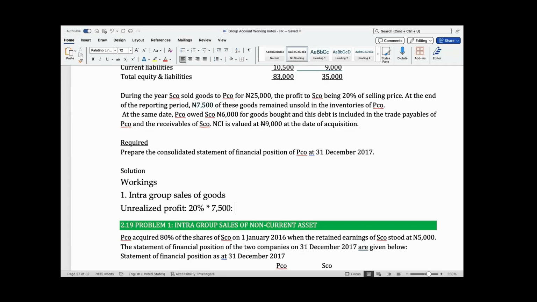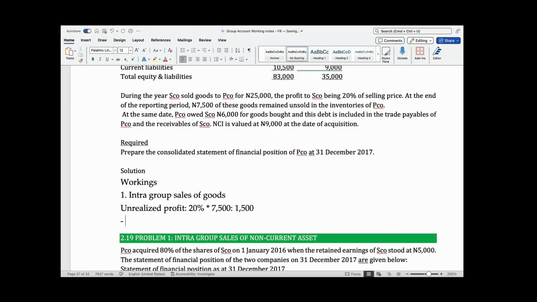So the unrealized profit will be 20% of that. And what's 20% of 7,500? 1,500. That's 1,500. And this 1,500, how do you treat it? You are going to deduct from inventory of Pico.